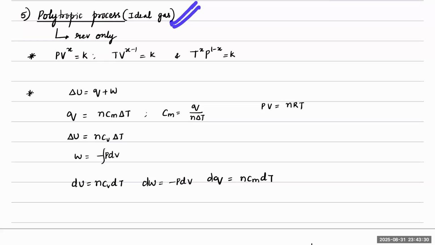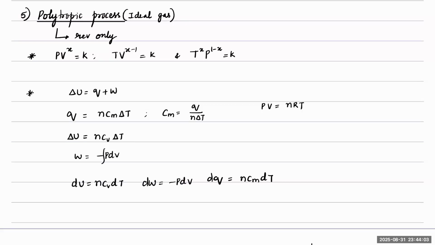As per thermodynamics first law, delta U is equal to Q plus W. Q is equal to n Cm into delta T, and Cm is equal to Q by n delta T. This is what we know. Okay. And we do not know what kind of a process this is. That's why we are writing this as a general heat, specific heat, molar heat capacity, and that is equal to Q by n into delta T. Delta U is equal to n Cv delta T. For an ideal gas, that is always true.